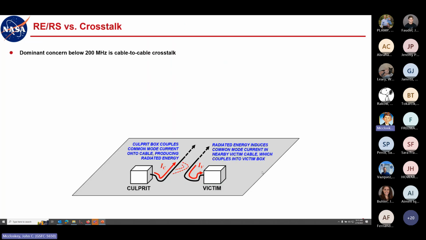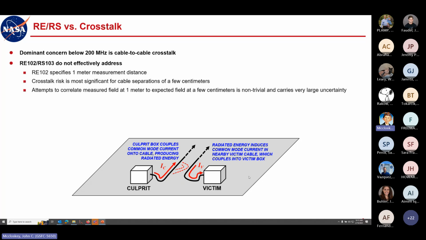So the dominant concern below 200 megahertz is cable-to-cable crosstalk. So here's where that 1 meter distance comes into play. RE102 and RS103 do not effectively address cable-to-cable crosstalk. This is very much square pegs and round holes when we try to do that. RE102, as I just said, specifies a 1 meter measurement distance.